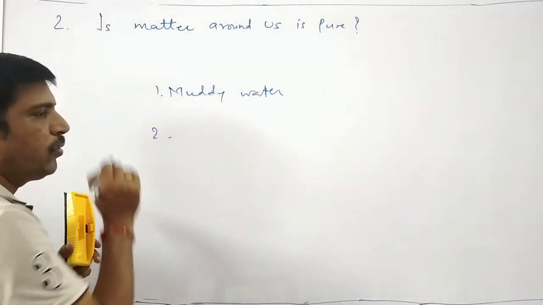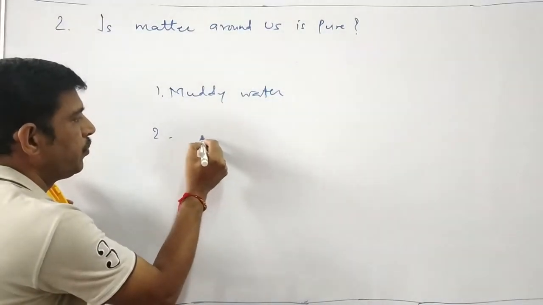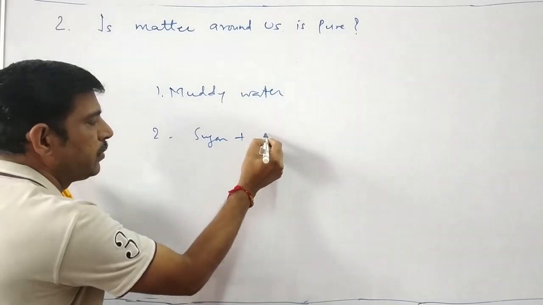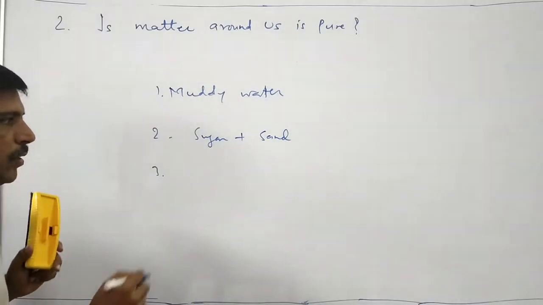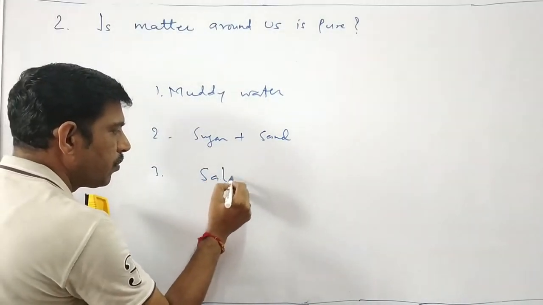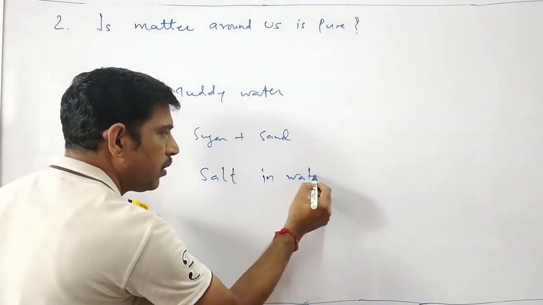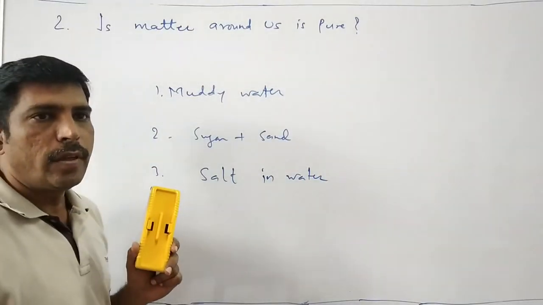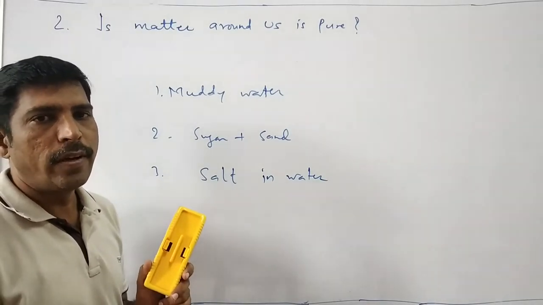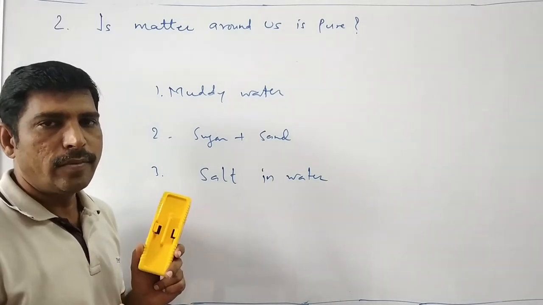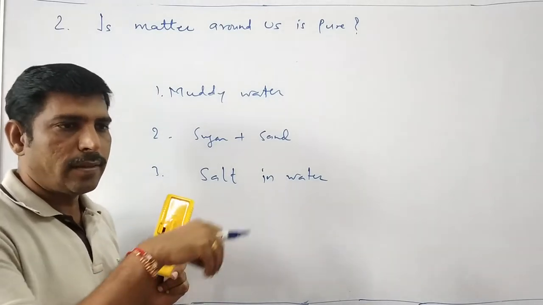Then suppose I have a mixture of sugar plus sand. Again, suppose I have prepared a mixture of salt in water. Generally, if a small child or anybody has the problem of loose motion or dysentery, we take some water in a glass, put in a pinch of salt and some sugar and mix it completely.